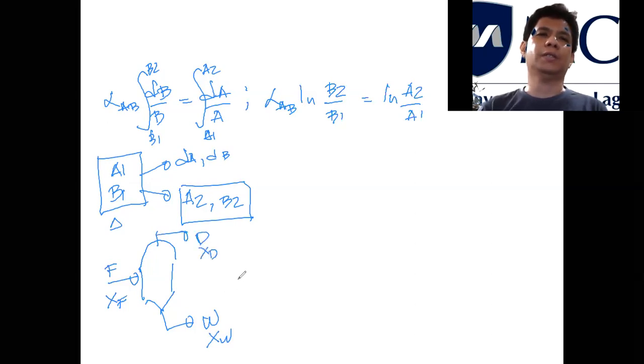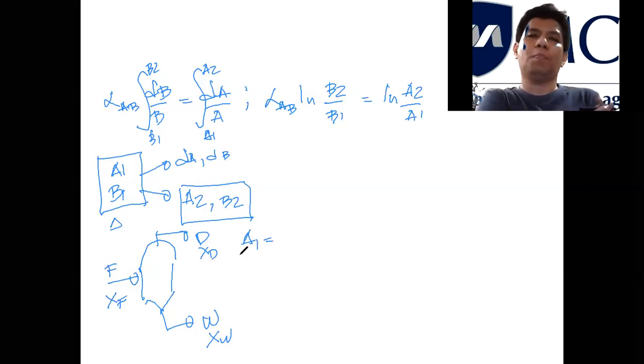How do you express, for example, A1? So remember, A1 is the original number of moles of A in the sample. So A1 would be equal to F XF.